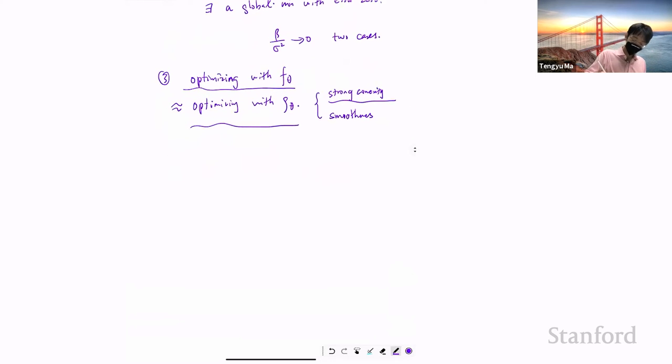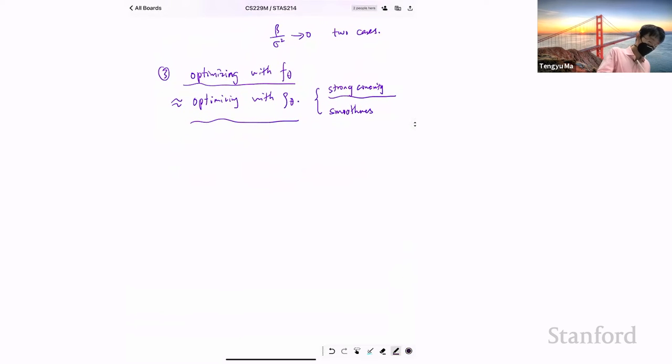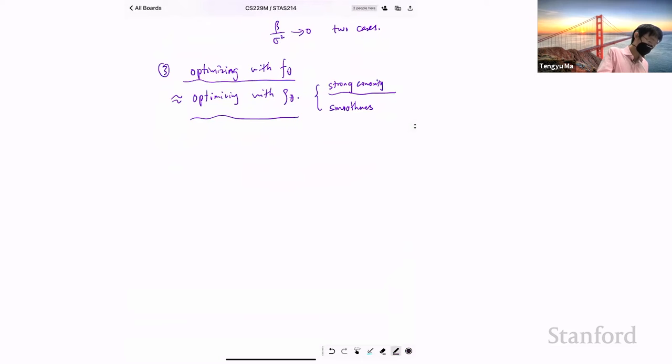Okay, so let's analyze. We start with the first step, analyzing the optimization with g theta. This is really just a linear regression, right? It's really understanding optimization of linear regression.